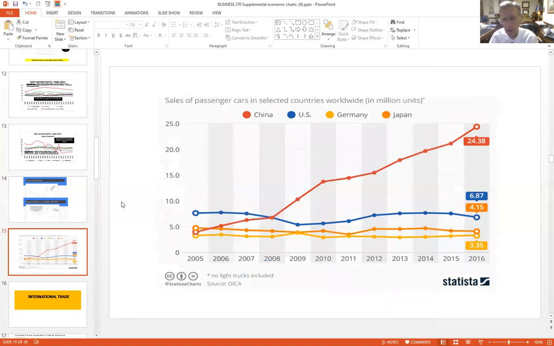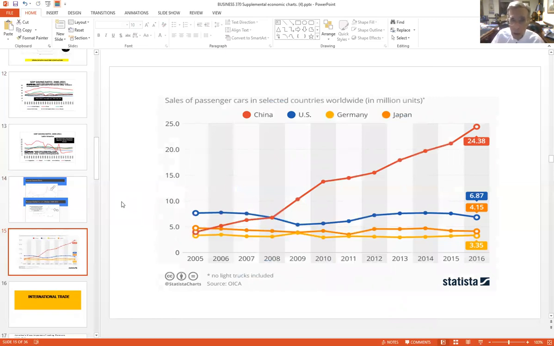So here's another trend that I hope you're aware of already, but this is the sales of passenger cars. And you can see that the red line, and I might add something right away, this is just cars.